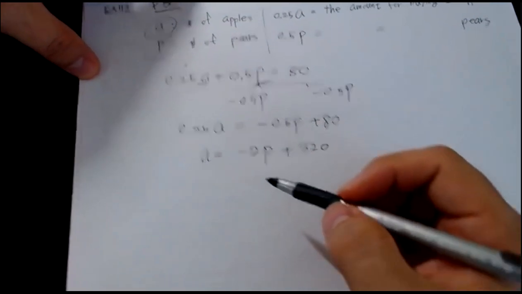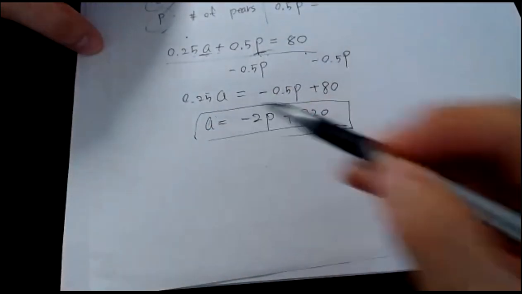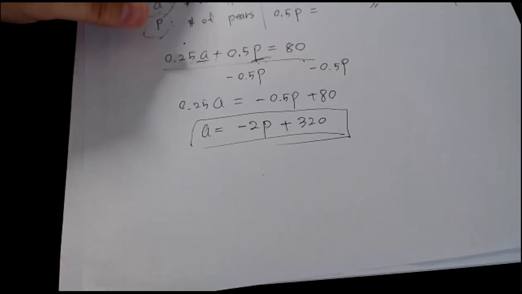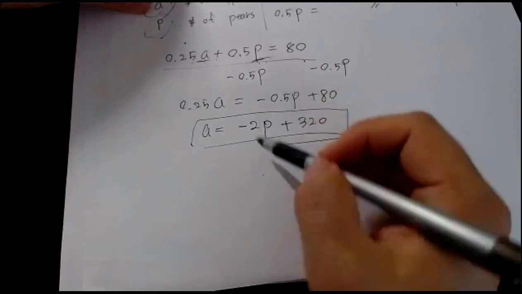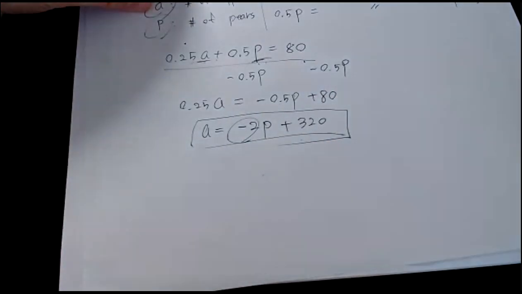So what does that mean? We got the linear equation, and you can see it in the solution in the textbook: A is equal to negative 2P plus 320. That expresses the number of apples as a function of the number of pears. The slope is negative 2, so A decreases by 2 when P is increased by 1.